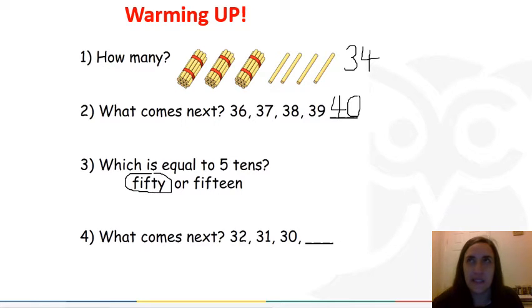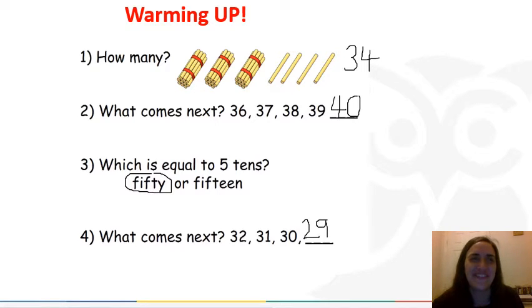Must be 20 something. 29. So if I'm going backwards, it'll be 30, 29. We write 29, 20, 9. Give yourself a big tick and a lovely smiley face if you got all those right.